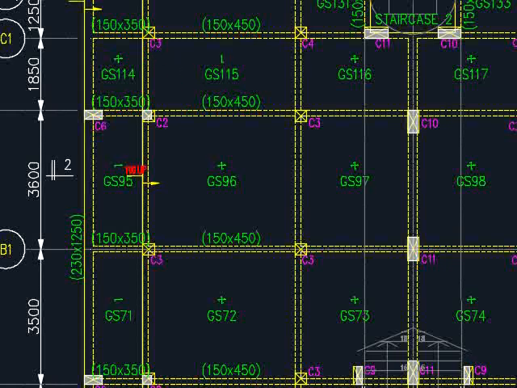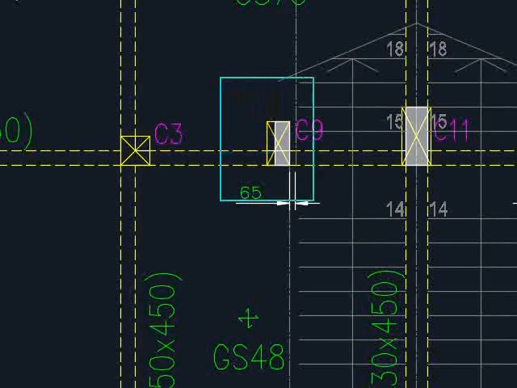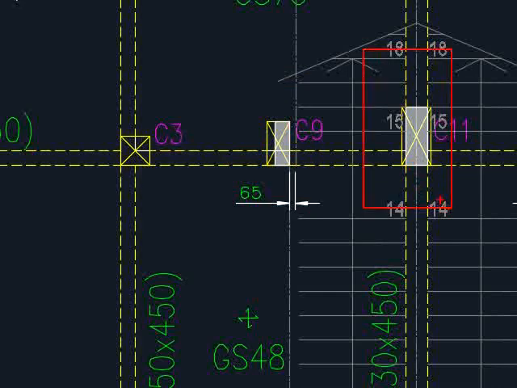That means the smaller size of column will penetrate through the floor plan. Similar goes to this column as well as this column, in which case the column that actually penetrates through the floor plan will be this part, which below the column, this will be the size of the column.